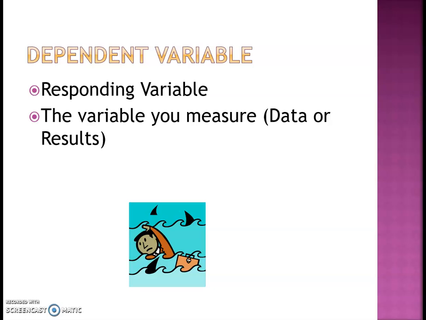I can easily count how many people get bitten by a shark. That's an easy way to do that. It's a very, very objective bit of information. And I always remember dependent and data, DD, and that's the easy way to think of that. So I could just simply count how many people get attacked.